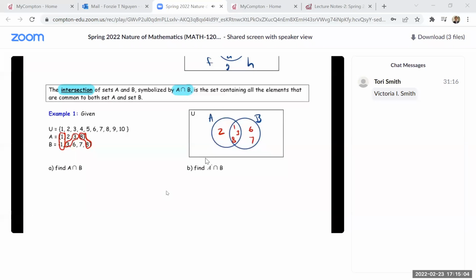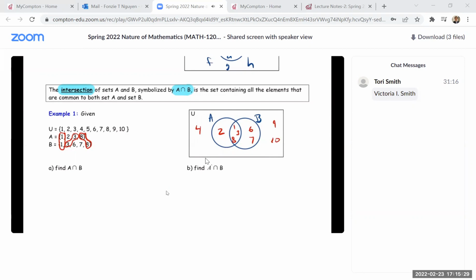And then what goes in the universal set outside of these circles? What are we missing? 4, 5, 9, 10. I think it's one more, is it?